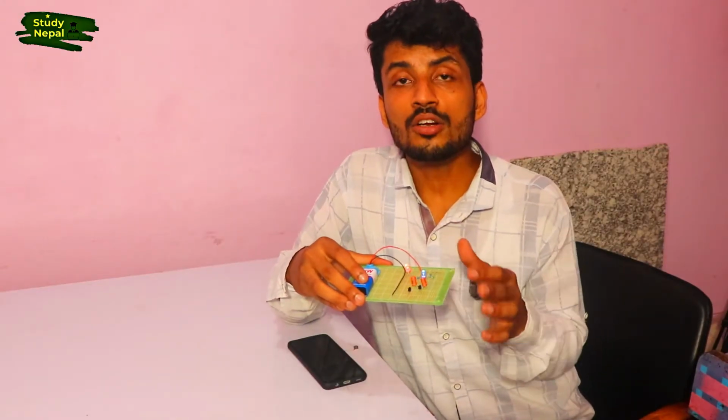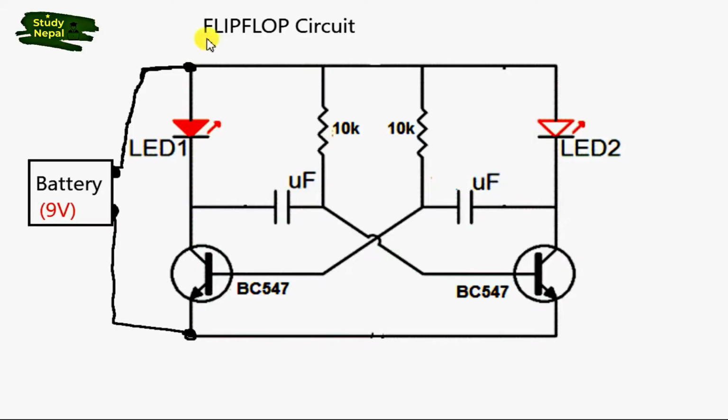Now I am going to show you the circuit diagram for the connection of all these components together to make a flip-flop. Yes, this is the circuit diagram of the flip-flop circuit. Here a 9 volt battery is connected to both terminals, and this one is the positive terminal and this one is the negative terminal.